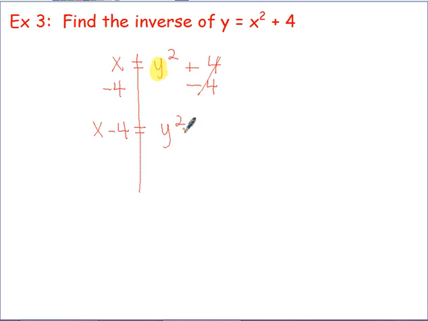Well, what's the opposite of squaring? Hopefully you're thinking to yourself, well, it's square rooting, because we've done this before. So we're going to square root both sides, and those are going to cancel. So we have y by itself. There is nothing to simplify here. Leave it as the square root of x minus 4.